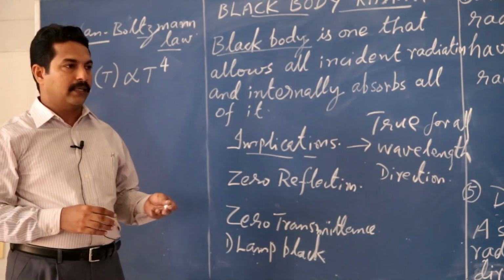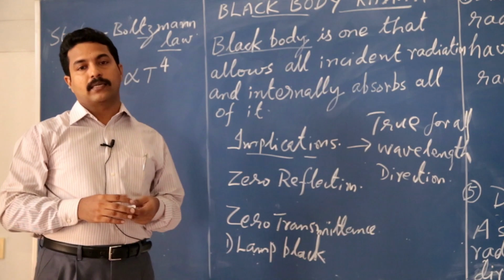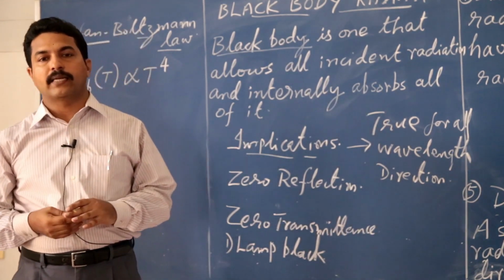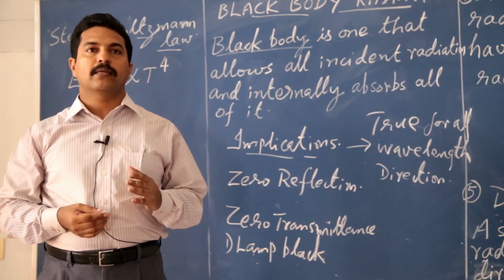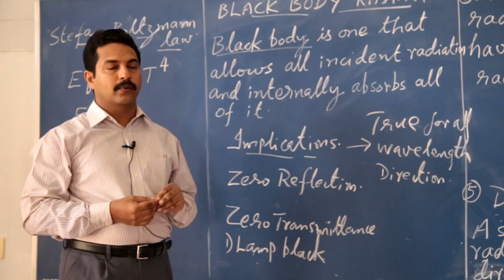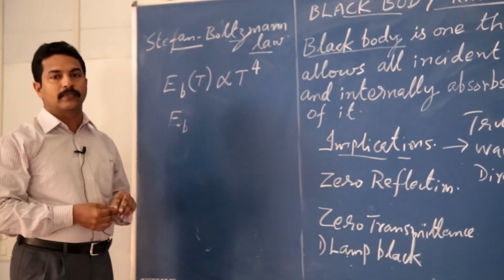But lamp black, platinum black, gold black, all these we can idealize as a black surface. So this black body or black surface is an idealization to compare the performance of real surfaces or real systems. Okay. Now comes the Stefan-Boltzmann law of thermal radiation.